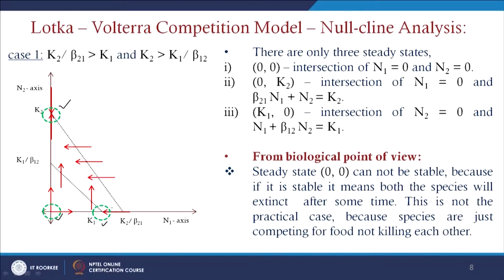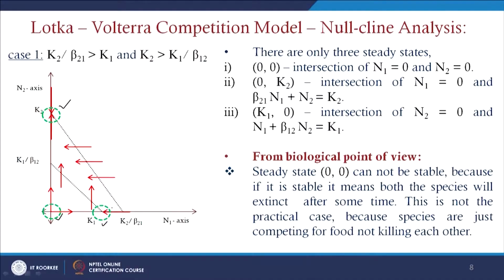For 0 0, you can see that the null lines of n1 and n2 intersect each other, since different null lines should intersect each other to give steady state points. And 0 k2 is nothing but the intersection of the n1 equals 0 line and the beta 2 1 n1 plus n2 equals k2 line.